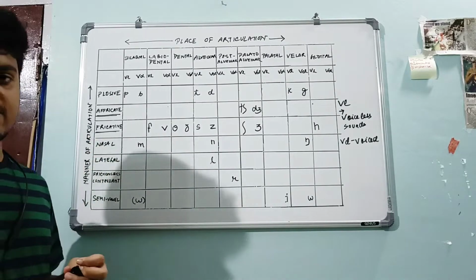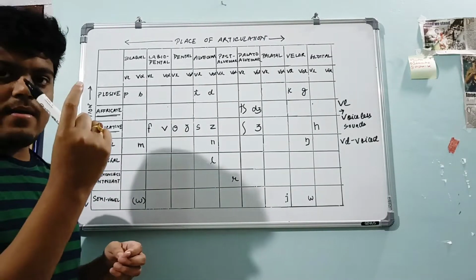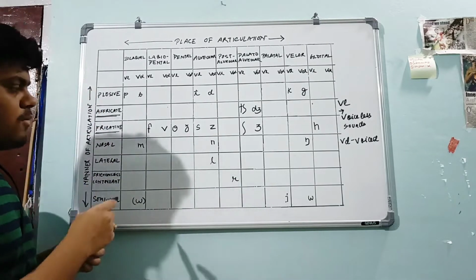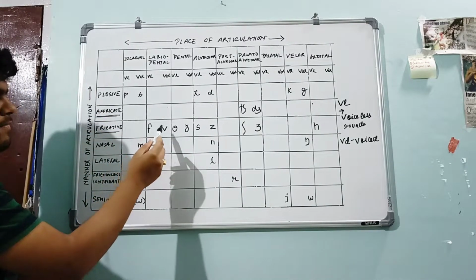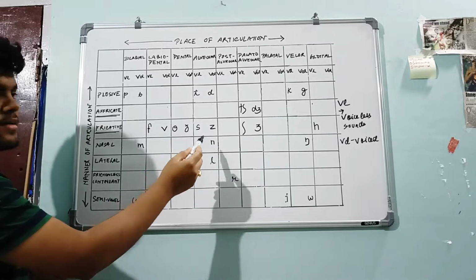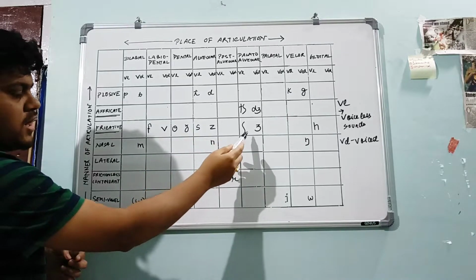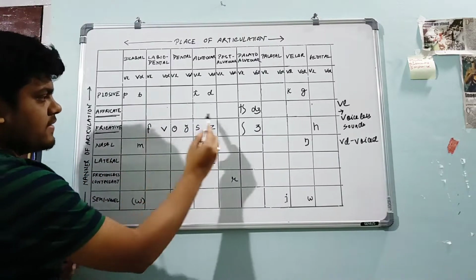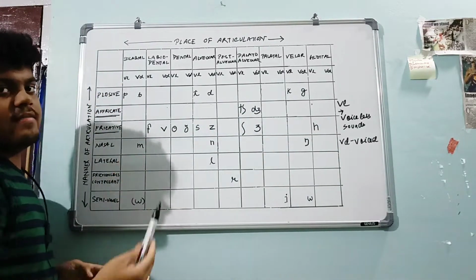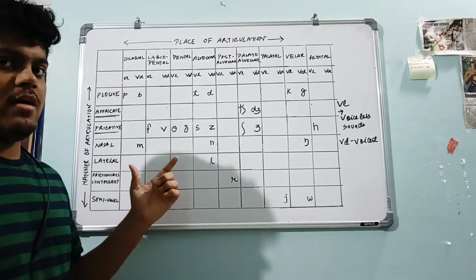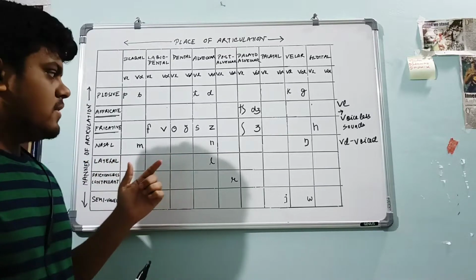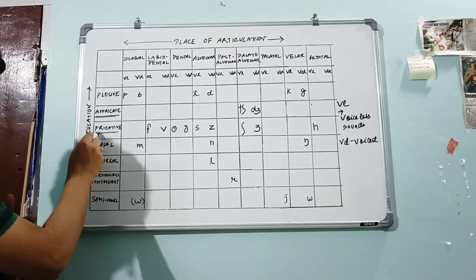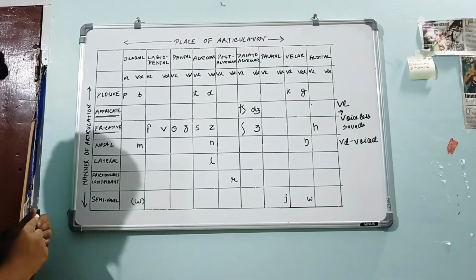Fricative causes friction, so a noisy sound is produced whenever you produce these sounds: fa, va, tha, dha, sha, ja, ha. If you produce any of these sounds, there is this friction sound like sha, ja. Therefore they are called fricative sounds.